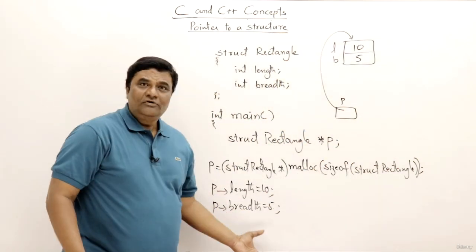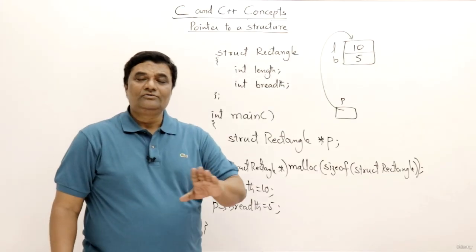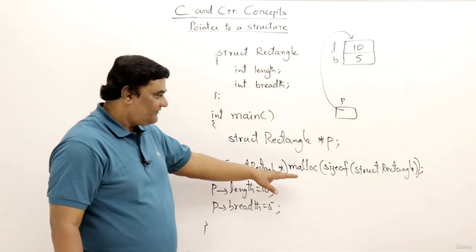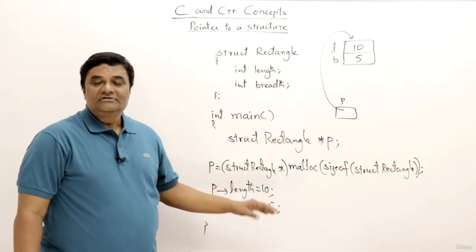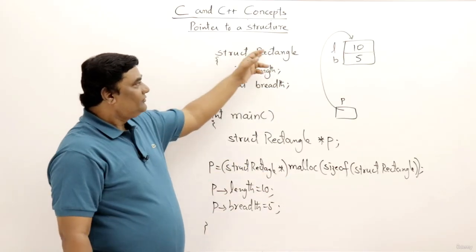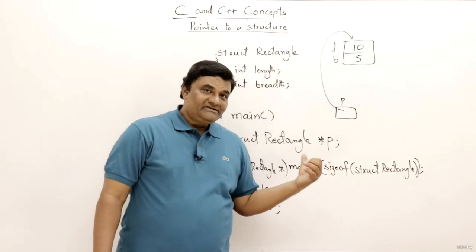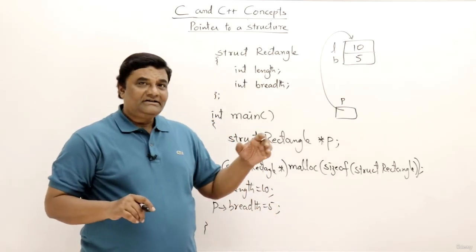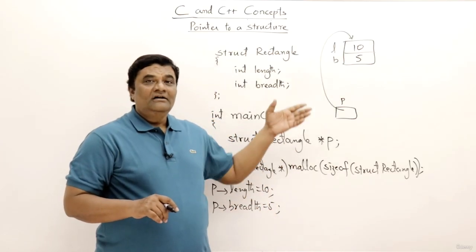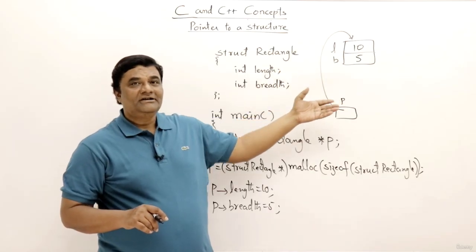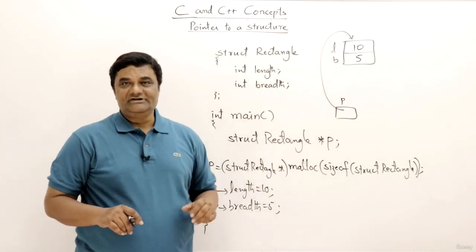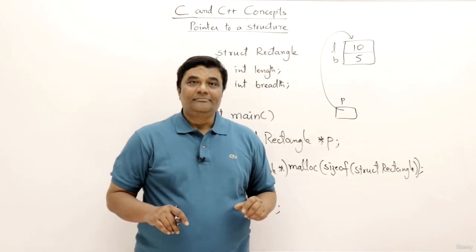I have shown you how to create a variable of type structure in the heap by using the malloc function. So that's all about a pointer to a structure. In the previous example I showed you an existing variable to which the pointer was pointing, but now this is a dynamic object created in the heap and the pointer is pointing there. So that was a static object and this is a dynamic object. That's all about pointer to structure.